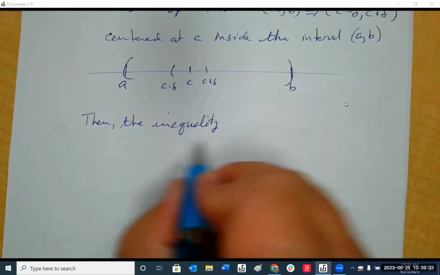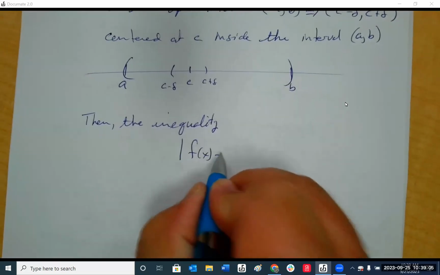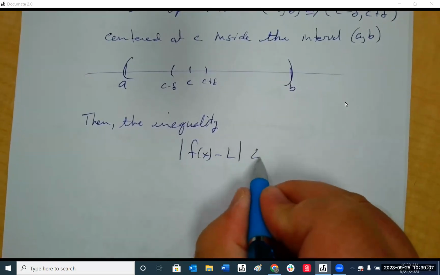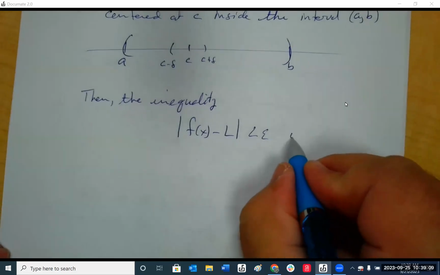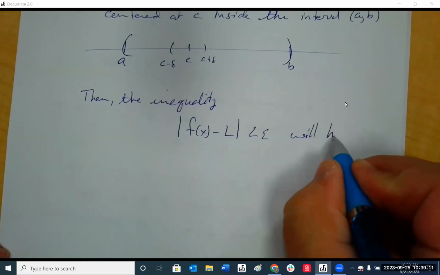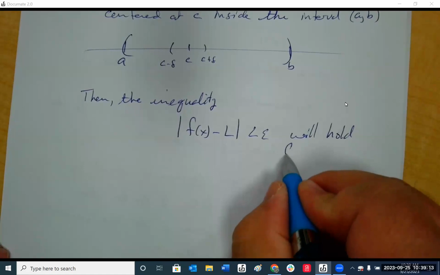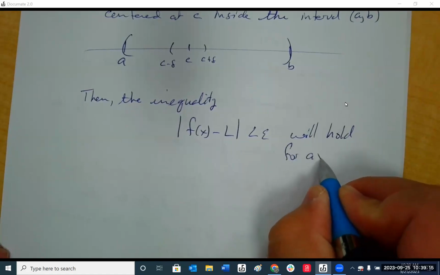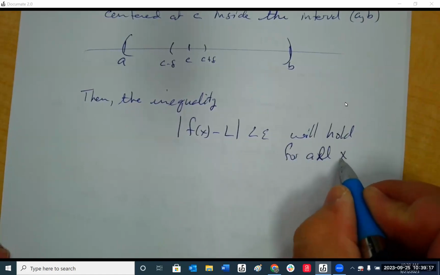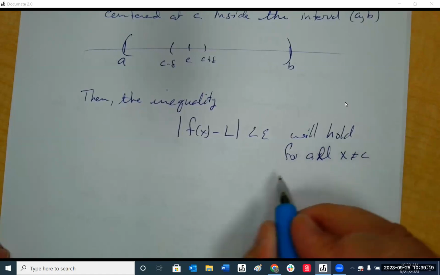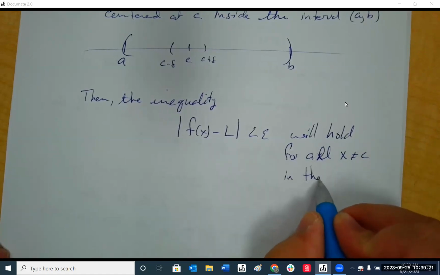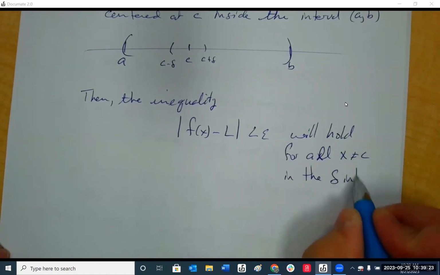Then the inequality |f(x) - L| < epsilon will hold for all x's not equal to c in the delta interval.